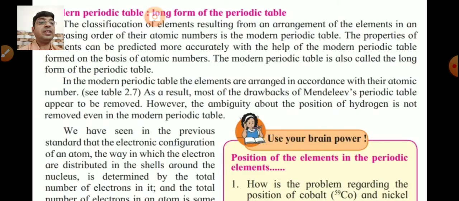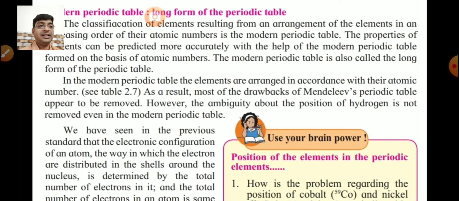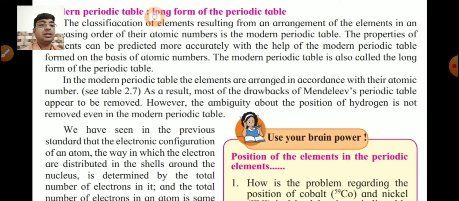In the modern periodic table, the elements are arranged in accordance with their atomic number. See table 2.7. As a result, most of the drawbacks of Mendeleev's periodic table appear to be removed.